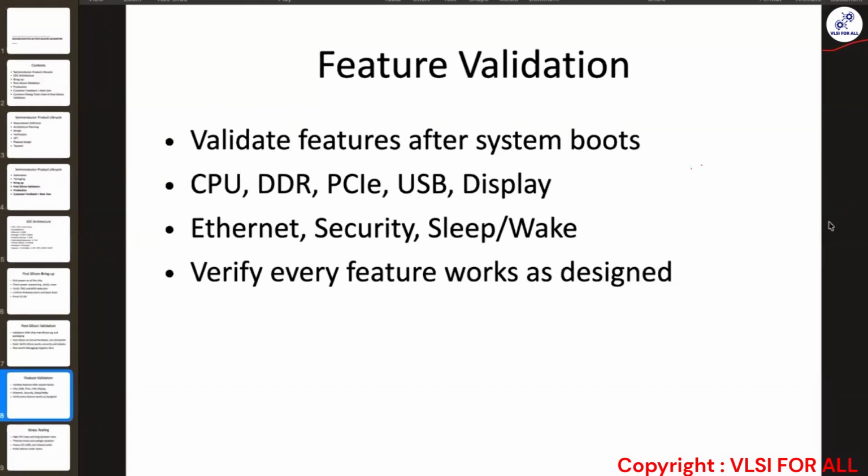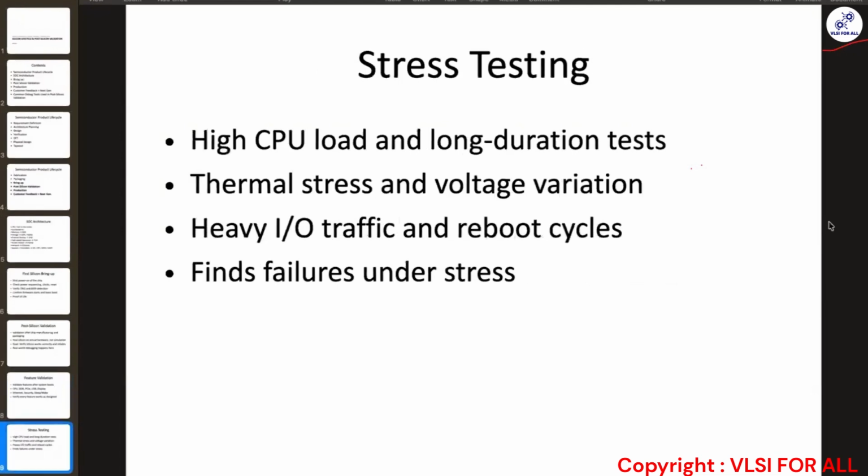Then you have your stress testing. Stress is more like you try to stress your hardware by using multiple cycles of SX. As I mentioned, it could be S3 sleep, S4 which is hibernate, S5 which is shut down, then reboot.